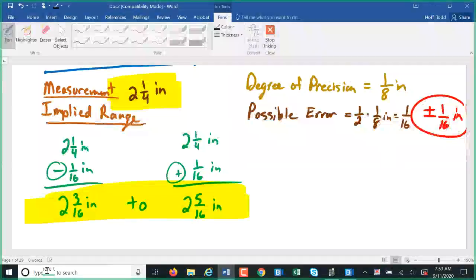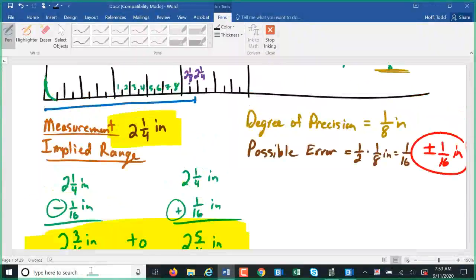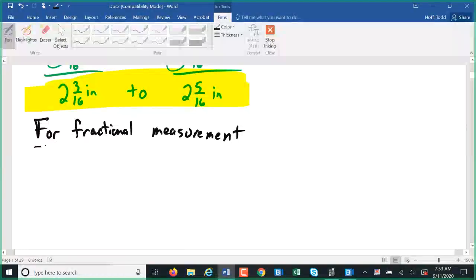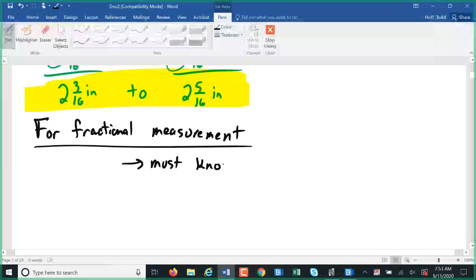Well, when we're using fractional measurement like this, the only way we know what the degree of precision is, and then of course what the error is from that, is we must know the measuring device. We either have to have a picture of it or we have to be told what the degree of precision is.